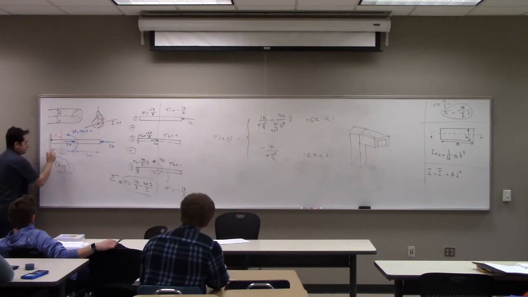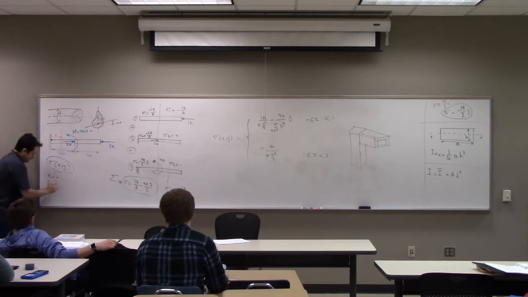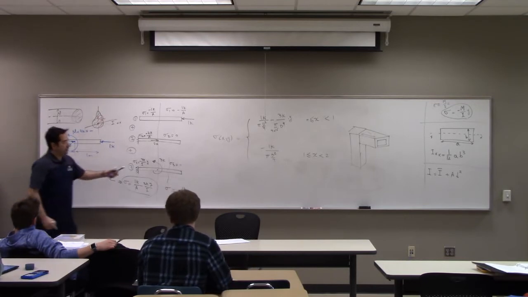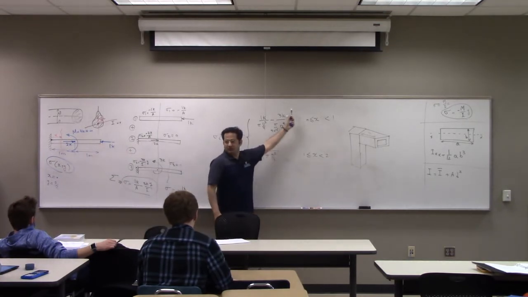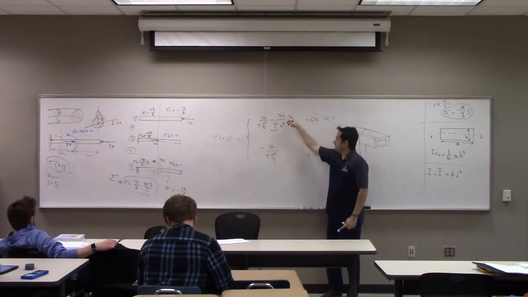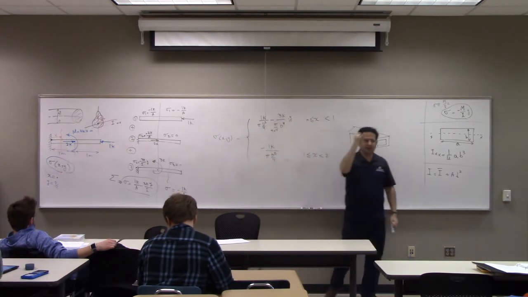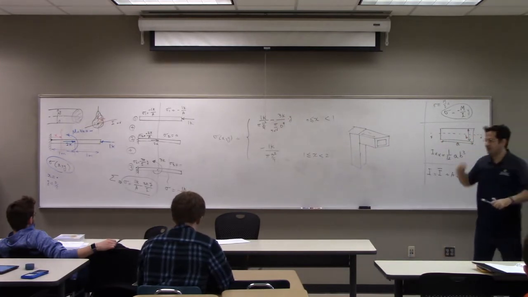X is equal to 0, y is equal to the radius, d over 2. So which one? I go here, x is 0. Should I use that or this? The top. And y is equal to d over 2. Put it here, put it in the calculator, get the stress. It gives the stress over the entire dome.